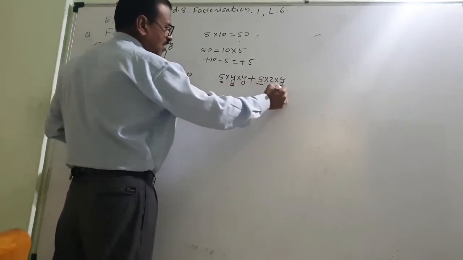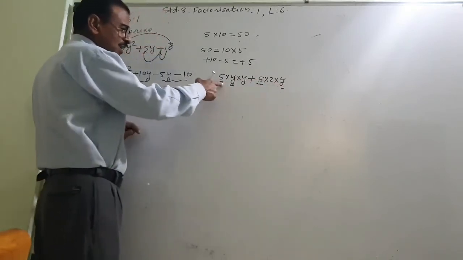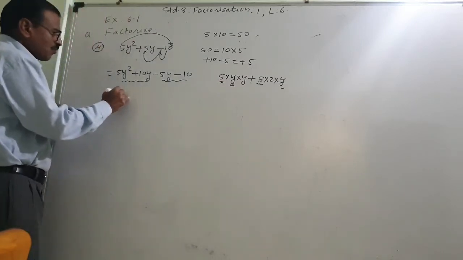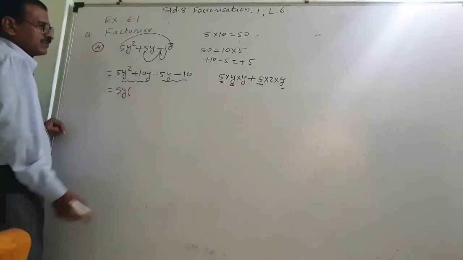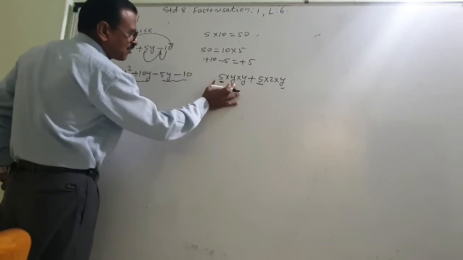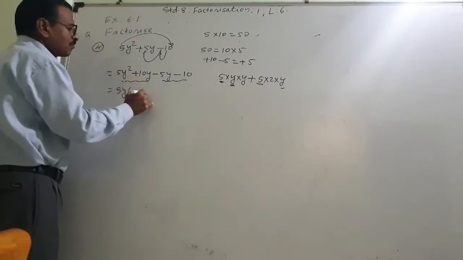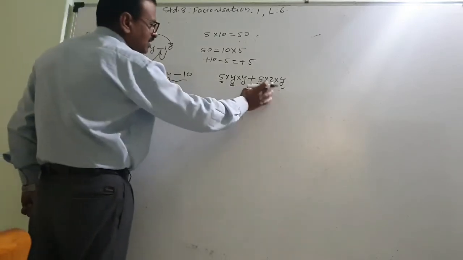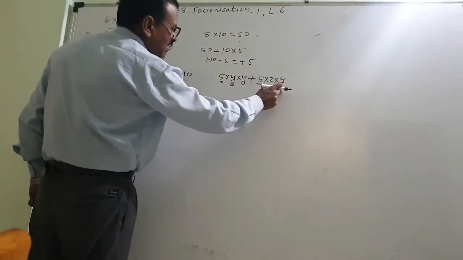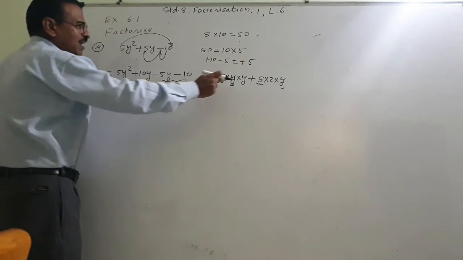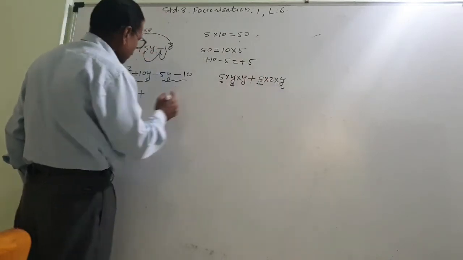This y is also common. So what I will take? 5y I will take. If I am taking 5y, what is remaining? y will remain. So here y will remain. Plus. Now from this 5 is also common and this y is also common. So 5y is taken. So what is remaining? 2 will remain.